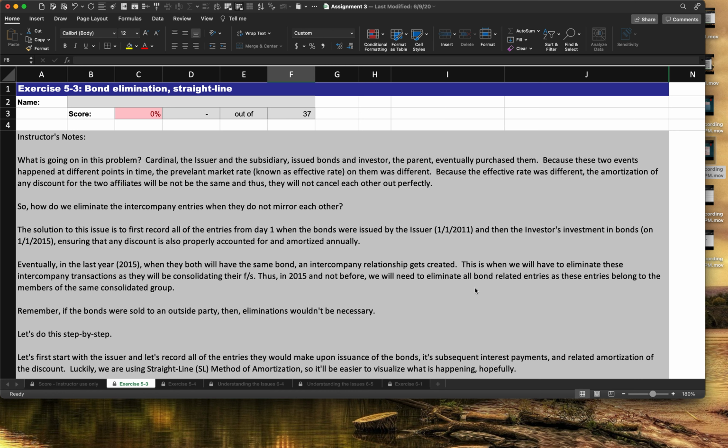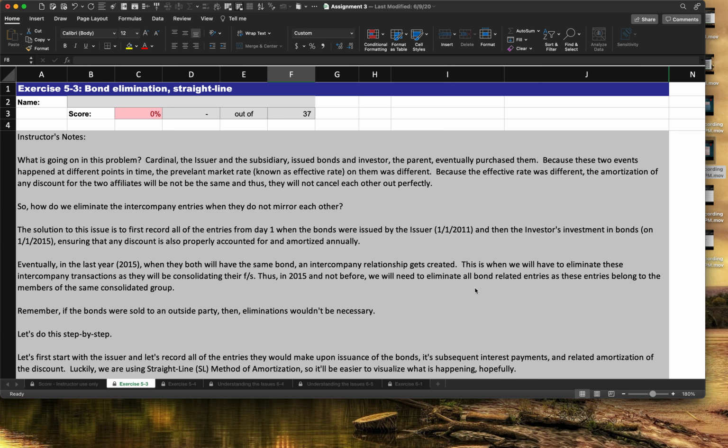The reason is we're selling it at a discount, for obvious reasons: the market is probably paying more than the coupon rate of 8%. The math behind it is not necessary at this point.